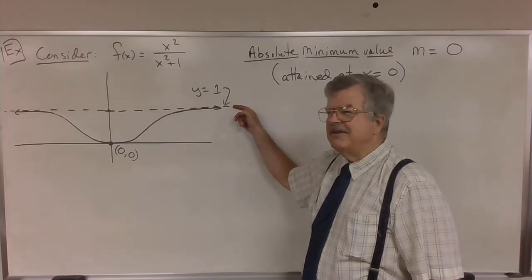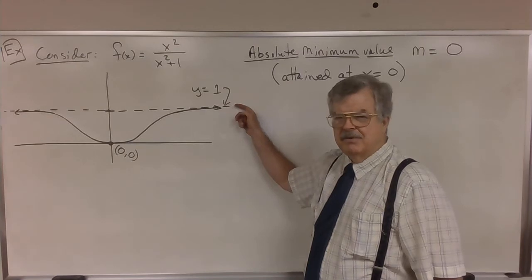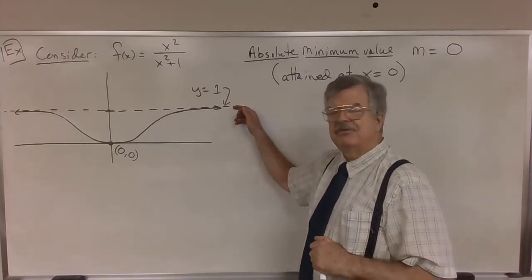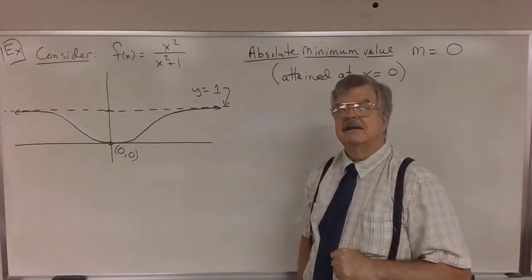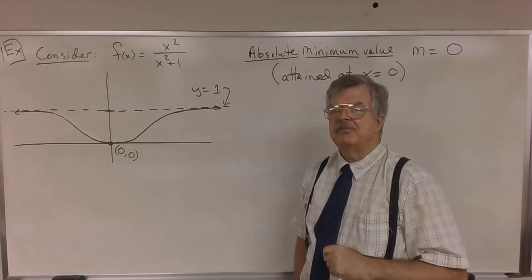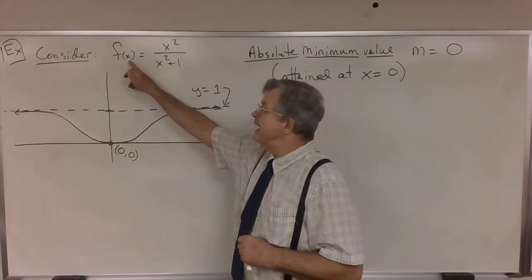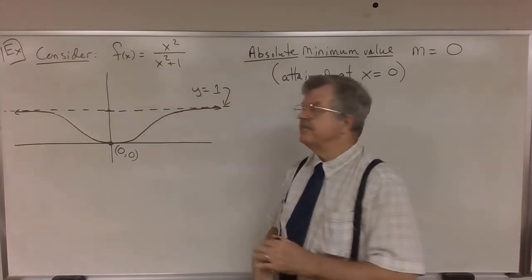But f of x never actually becomes equal to 1. So even though we're tempted to say the absolute maximum value of f of x is 1, it's not the absolute maximum value of the function, because there's no value of x that will make f of x equal to 1.